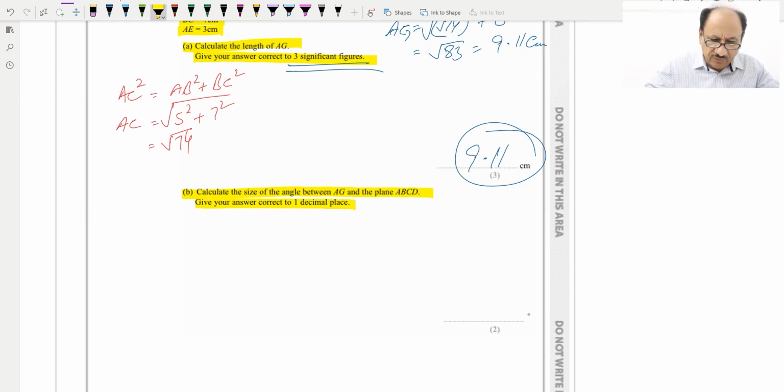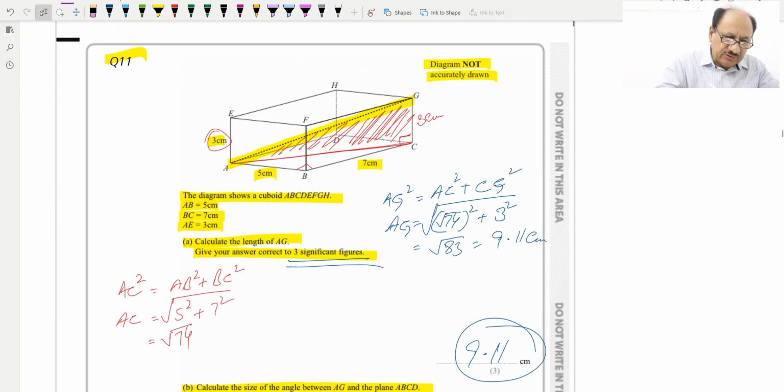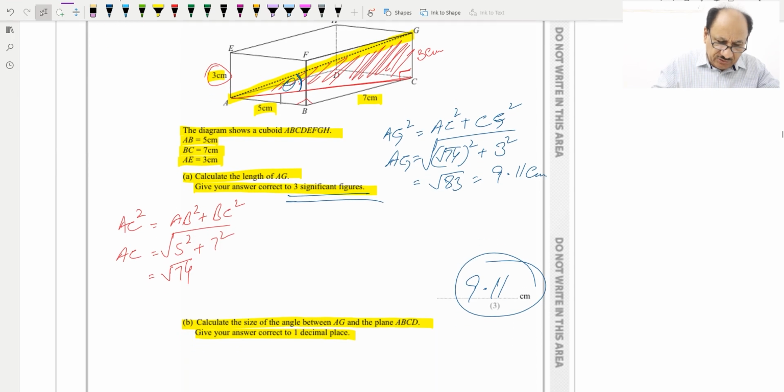and the answer should be in one decimal place. So AG and ABCD, which angle is required? Basically the angle required is this, so this is theta. We can take opposite over adjacent, so CG over AC will be equal to tan theta.